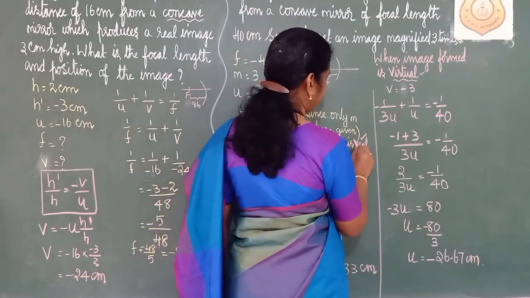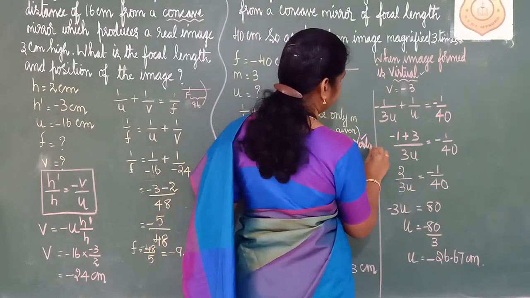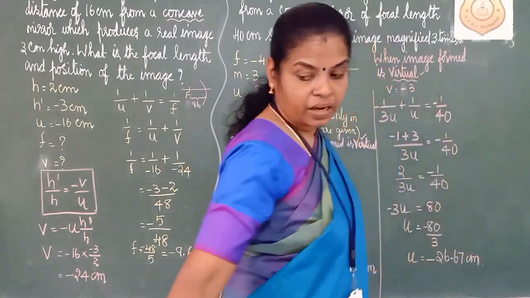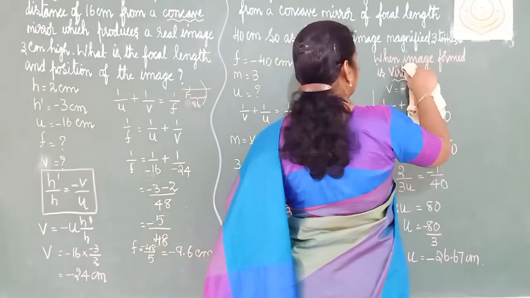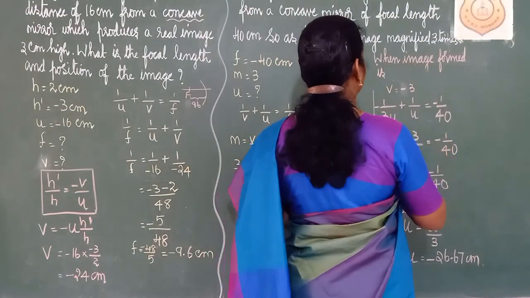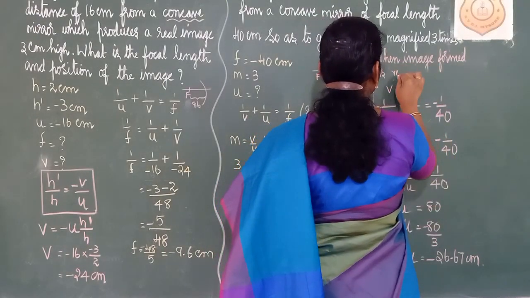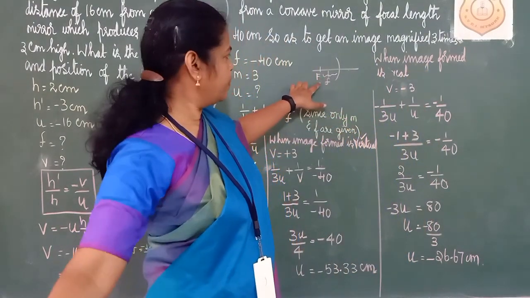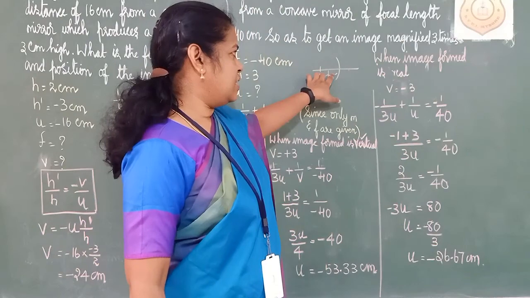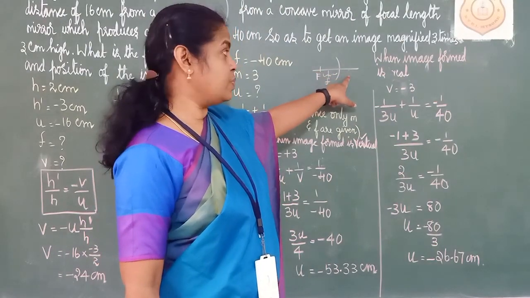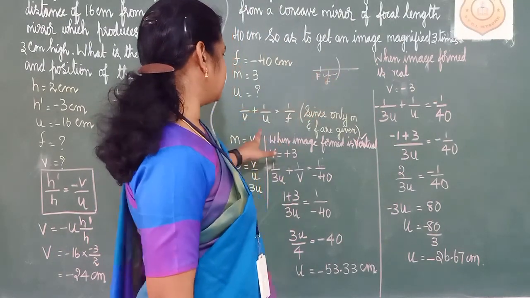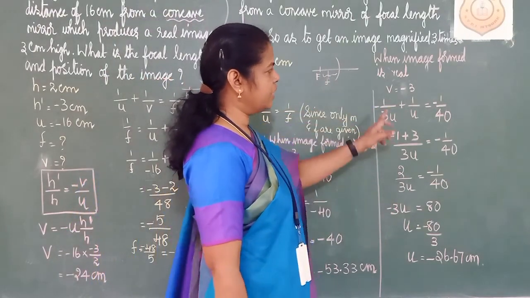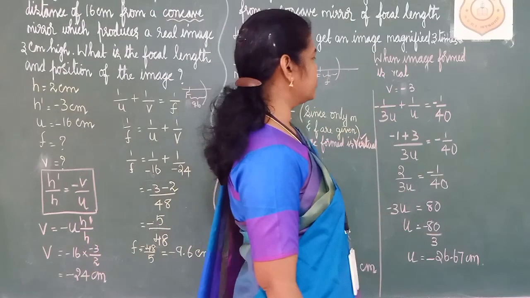So both the cases we will do. If it is minus 3, what happens? This we will see first. If it is minus 3, we will put the value like that.